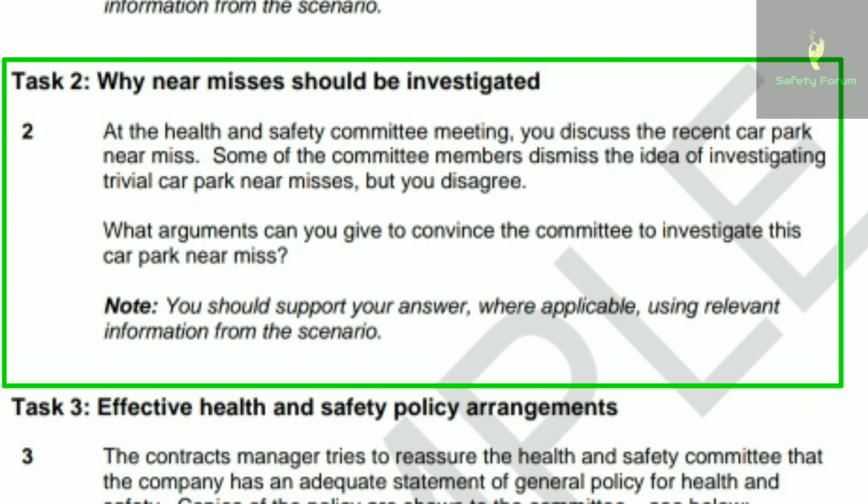If you follow this kind of answering technique, you will surely get the distinction. Only a few people get distinctions in NEBOSH, but whoever is getting them is not very different from you. They are similar people like you, because even they have started their career in this field, right?